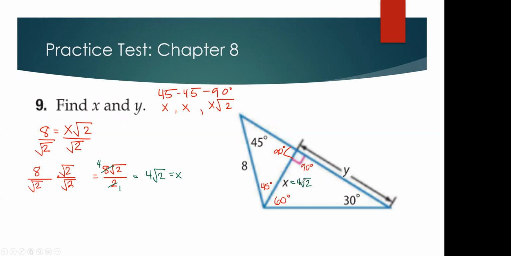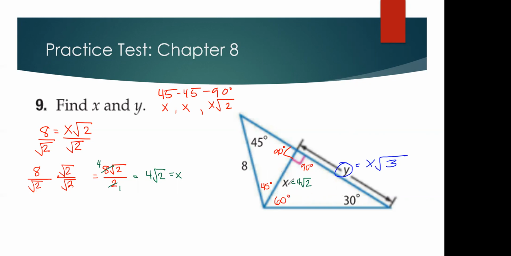Okay, so now we're going to look for the value of y. Okay, so we've got this 30, 60, 90-degree triangle, and we know that the value of y corresponds to the 60-degree angle, so that would be x times the square root of 3.